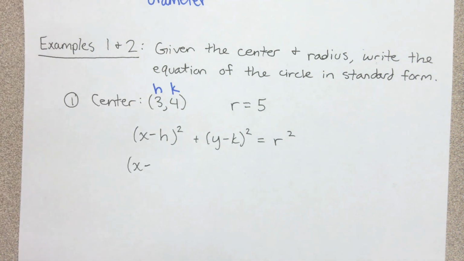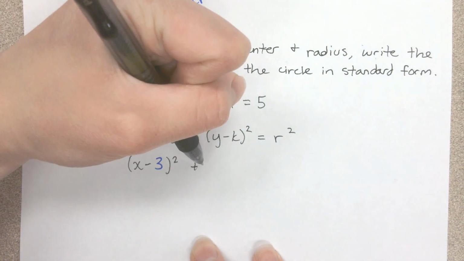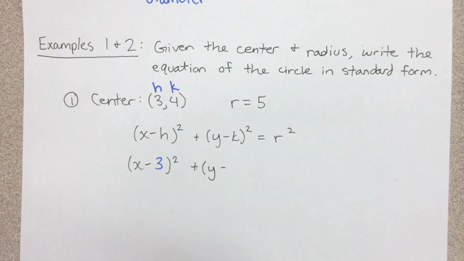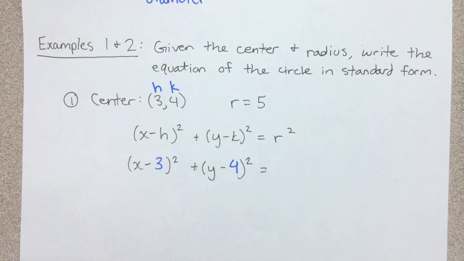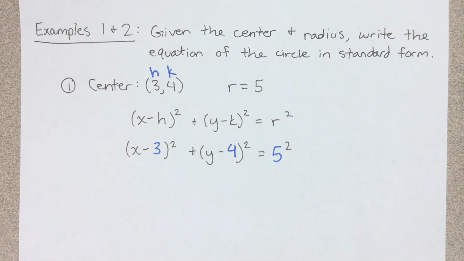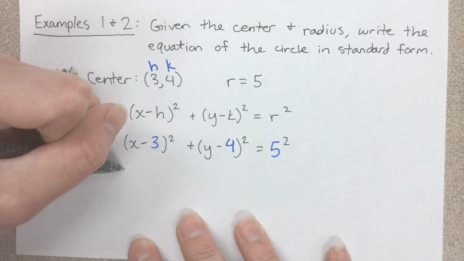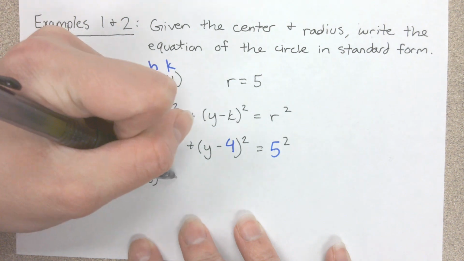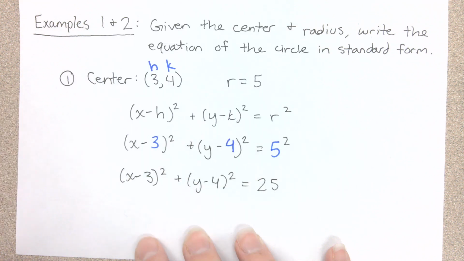So we have (x minus 3) squared plus (y minus 4) squared is equal to 5 squared. And for this problem, the only thing we need to change in the final answer is we do need to square the 5. Don't just leave it as 5 squared. So our final answer is (x minus 3) squared plus (y minus 4) squared is equal to 25.